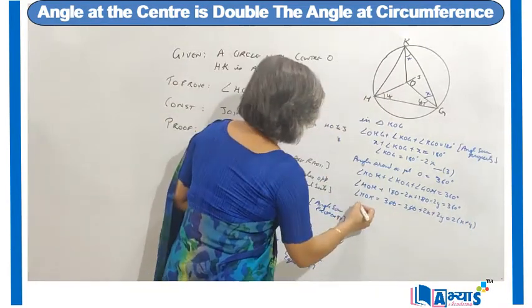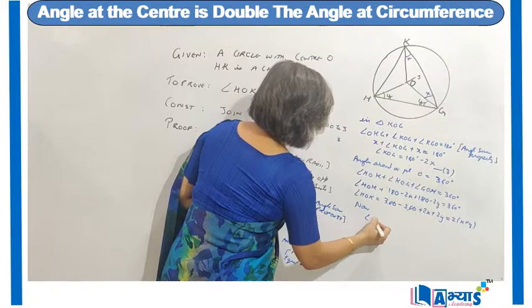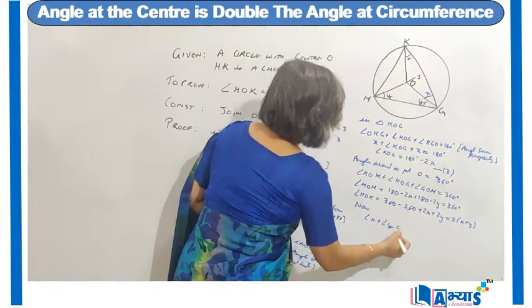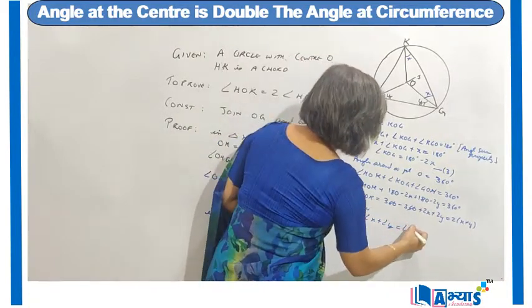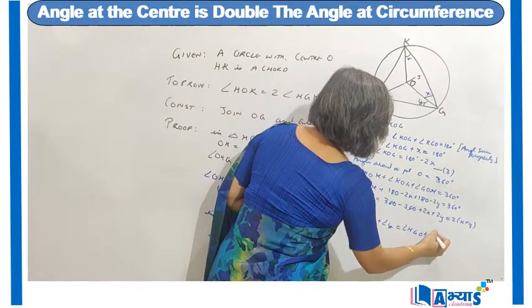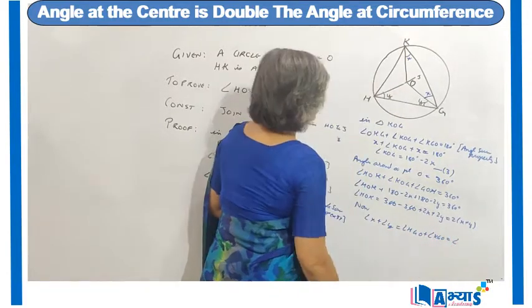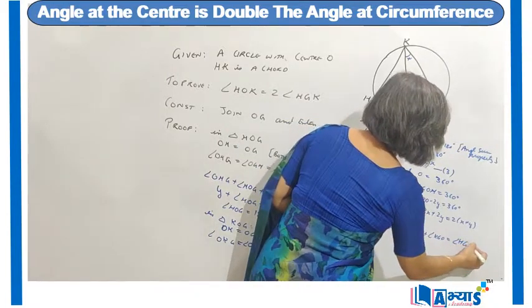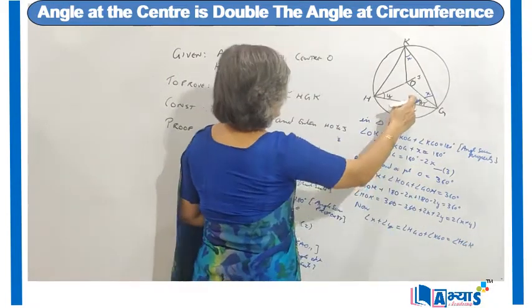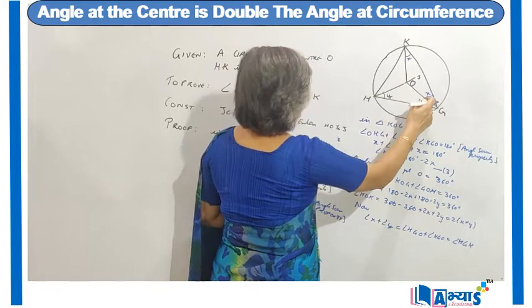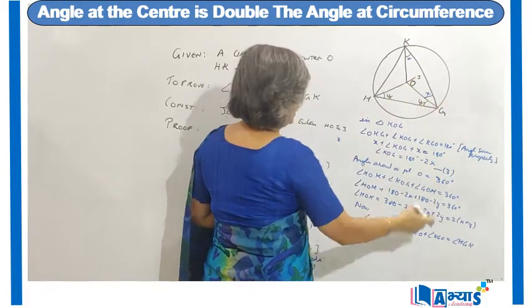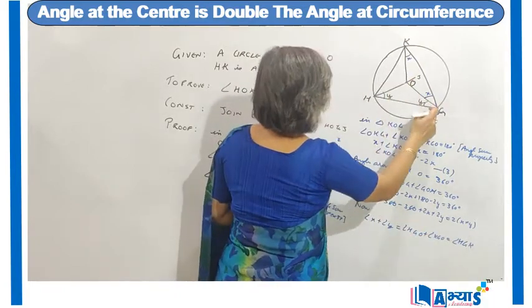Now angle x plus angle y is equal to angle HGO plus angle KGO is equal to angle HGK, because y is equal to HGO and x is equal to KGO. So adding these two we get HGK.